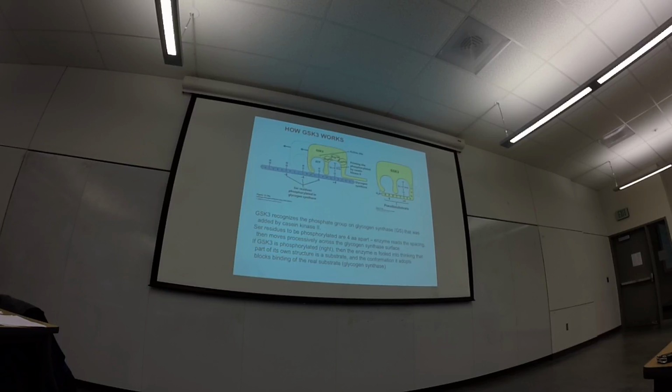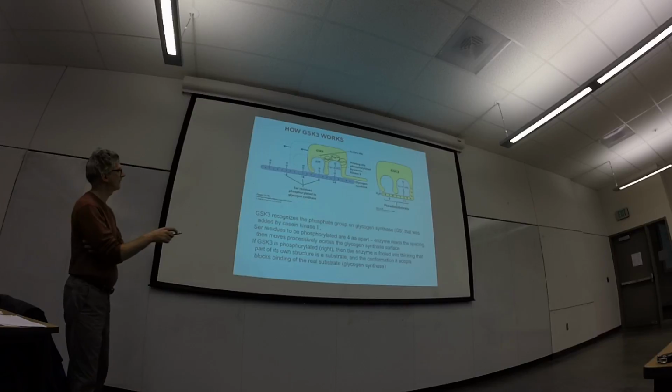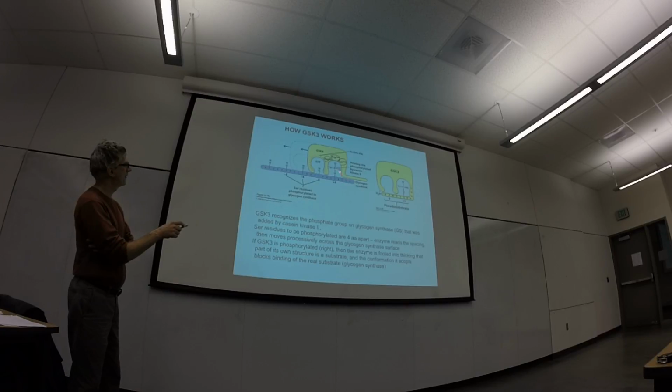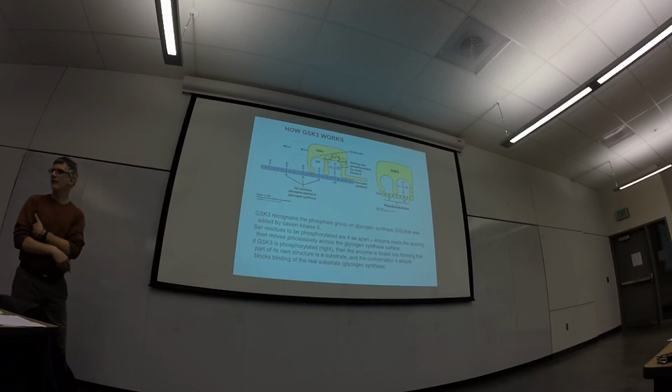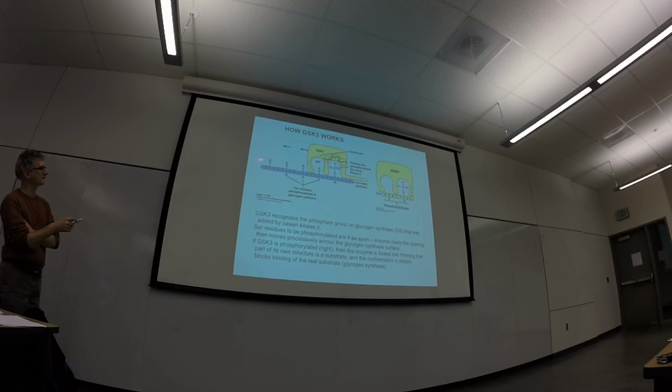All right, so how does GSK3 work? I added this text here just for the lecture, so if you print out the slide, you may not see it. So GSK3 is a processive enzyme in the sense that it adds multiple phosphate groups. It adds up to 4 of them.